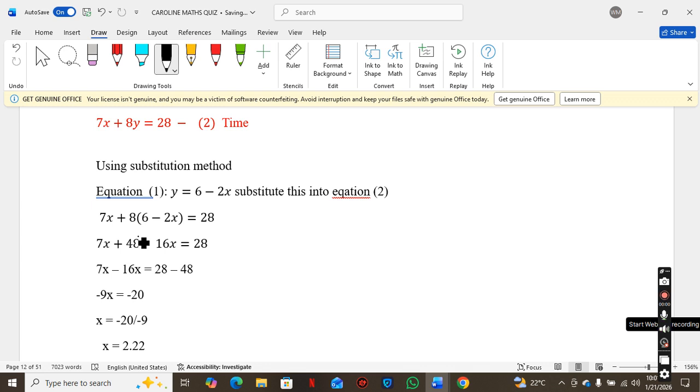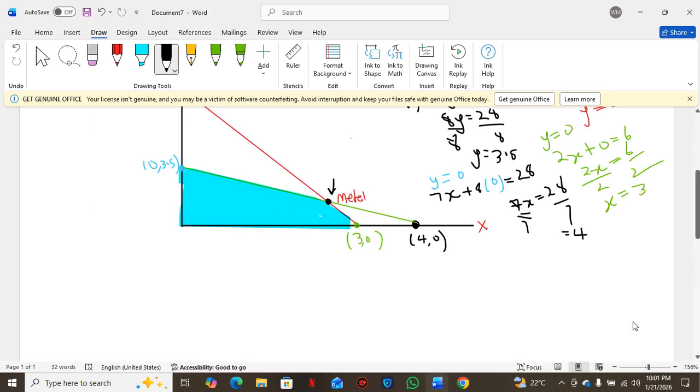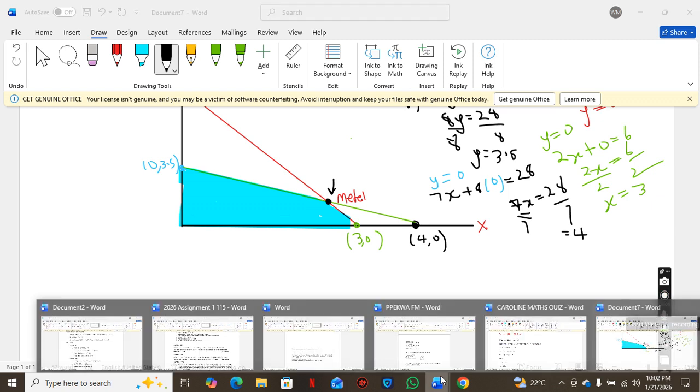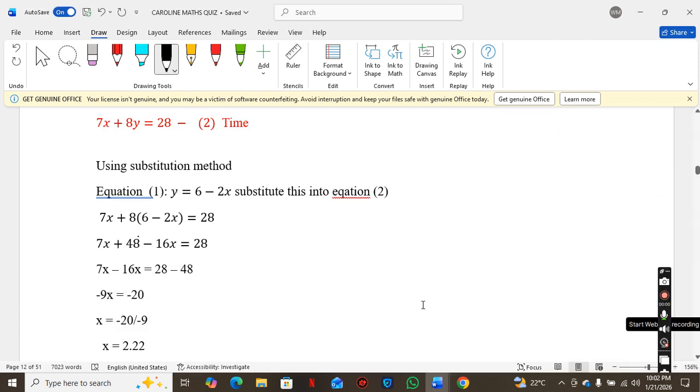Yes. Then our next step is using the substitution method. And we have the first equation, 2x plus y equal to 6, and we are trying to make y the subject of the formula, not so? Yes.